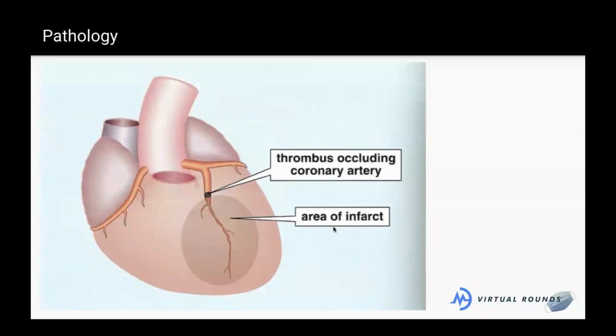Again, the reason we're even talking about EKGs in the first place, and why an EKG is used to diagnose STEMIs, is because, by the way, does anyone know what STEMI stands for? ST elevated MI, exactly.